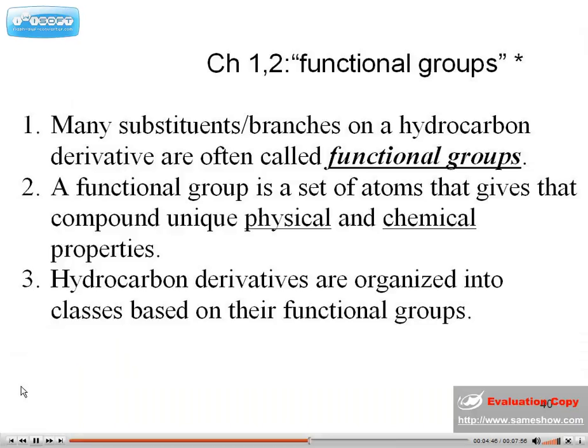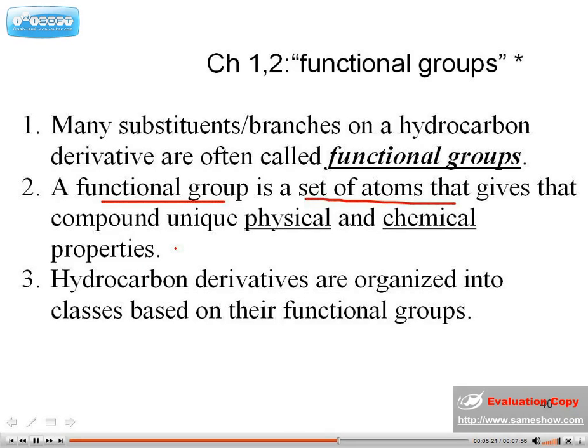So in the following examples, we're going to start off with a hydrocarbon derivative, and that's where the chemical reactions like to occur. It also has a huge factor on the physical properties of the overall alkane. So we define functional groups as a set of atoms, essentially derivative atoms, anything other than carbon and hydrogen, that give them unique physical and chemical properties.